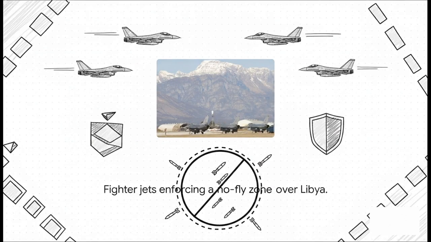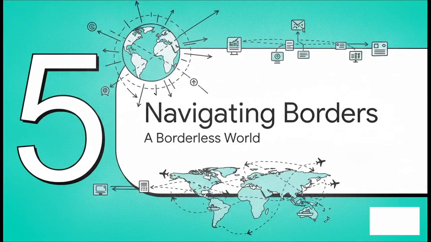Fast forward to 2011, and you see the exact same principle at work. Enforcing a no-fly zone over Libya perfectly illustrates the modern president's ability to swiftly authorize hard military power in high-stakes, rapidly changing environments.